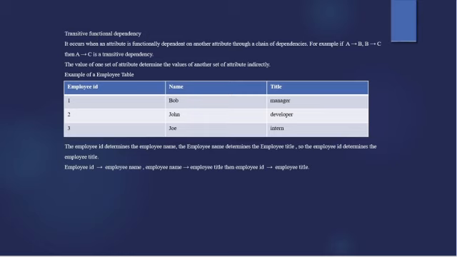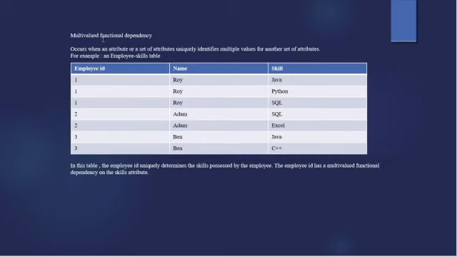Now going on forward with functional dependencies, we go to the fourth one, or the last one, which is multi-valued functional dependence. This multi-valued functional dependence occurs when an attribute or a set of attributes uniquely identifies multiple values for another set of attributes.